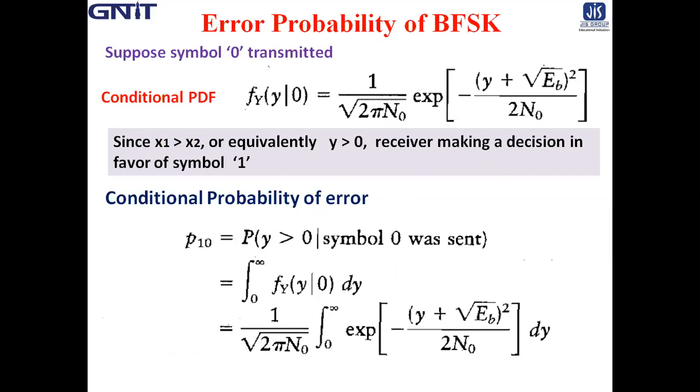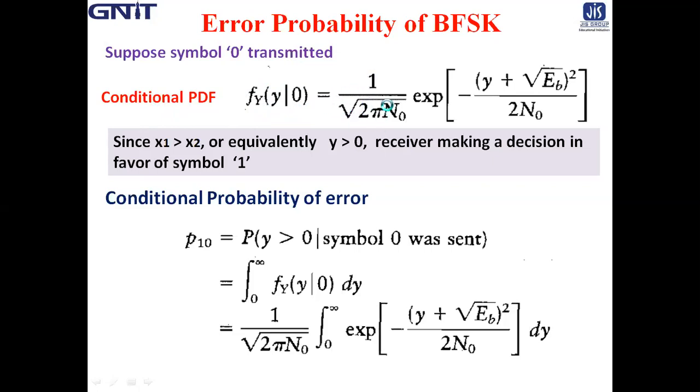Then the conditional probability density function of the random variable y, f of y given that 0 was transmitted, follows a Gaussian distribution.